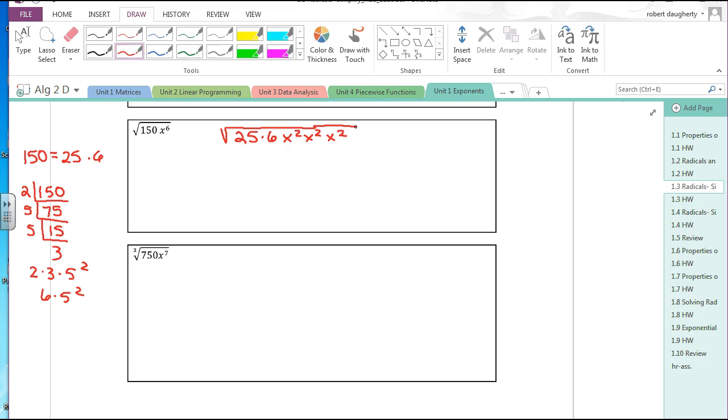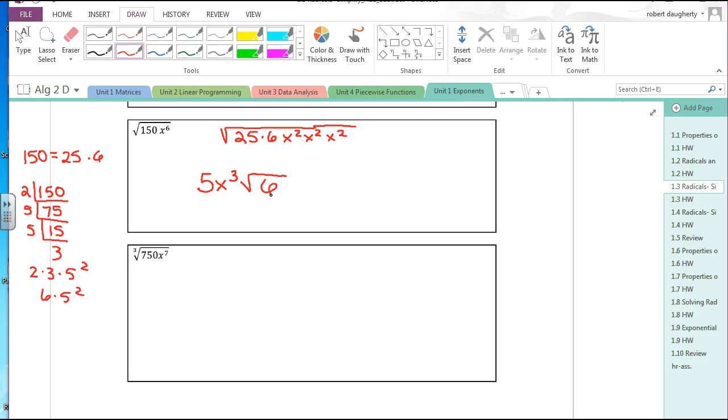The 25 and the 3 x squareds. Okay. So those can come outside. What's the square root of 25? 5. The square root of x squared is x. I don't have how many of those? 3. And then what's going to be left? The 6. So 5x cubed times the square root of 6.